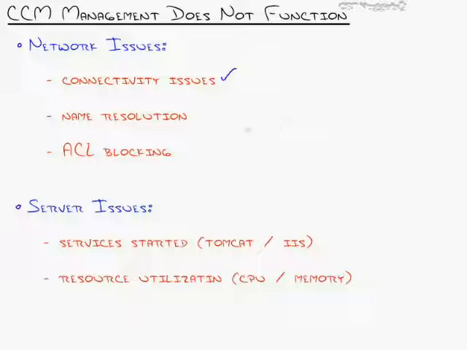So check that out, and that goes right along with this last one, ACL blocking. It's usually best practice not to allow your users to get to the CCM web pages, even to the logon screen. So a lot of times the access list will say only these certain workstations, or only from the voice VLAN can you reach the Call Manager server. So check your access lists.